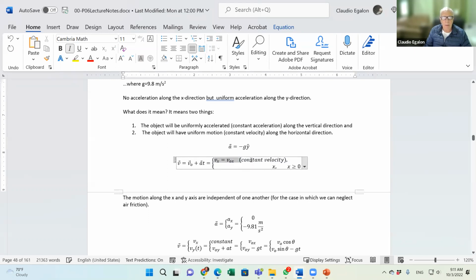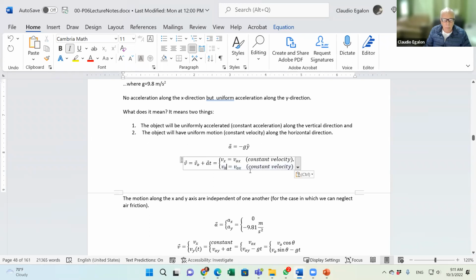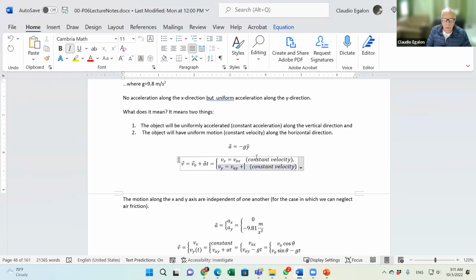And Vy is going to be given by V naught y plus, not plus, but minus gt, constant acceleration. That's what it means. That's one way of writing down that equation.